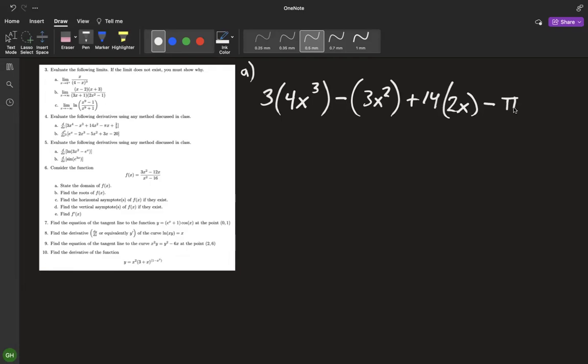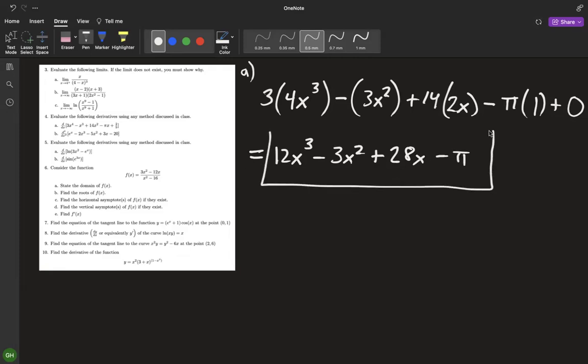Minus pi is just a number, so it's a constant. Derivative of x is 1. Plus the derivative of a constant is 0. So this is equal to 3 times 4 is 12x cubed minus 3x squared plus 14 times 2 is 28x minus pi. So that's how you do a derivative with the power rule.